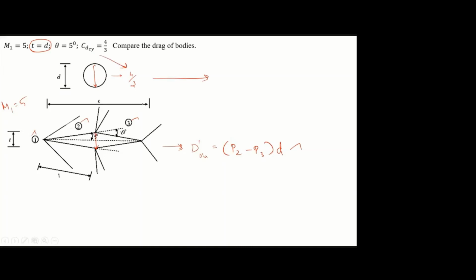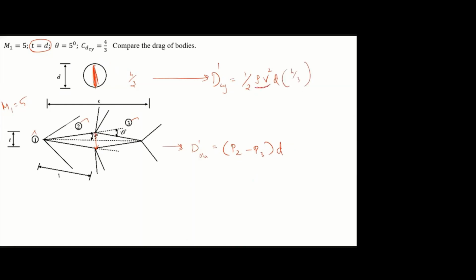Then here they mention CD. Then which formula can you take? The normal formula. Instead of CD, I can write 4 by 3.